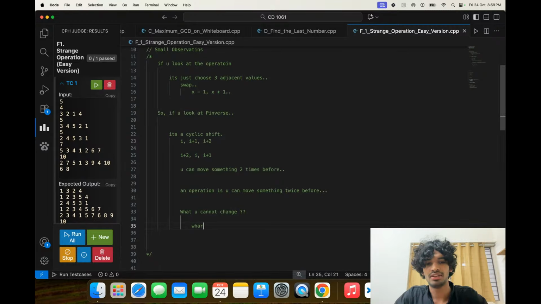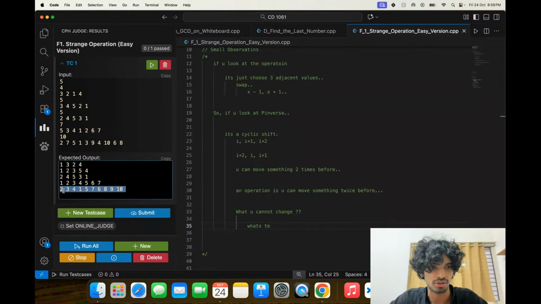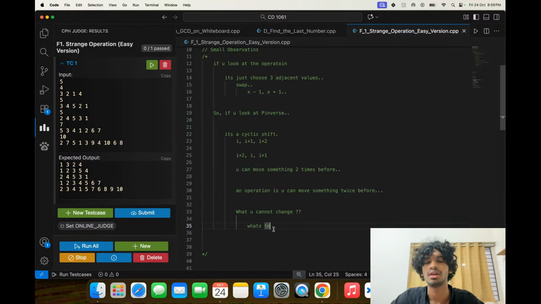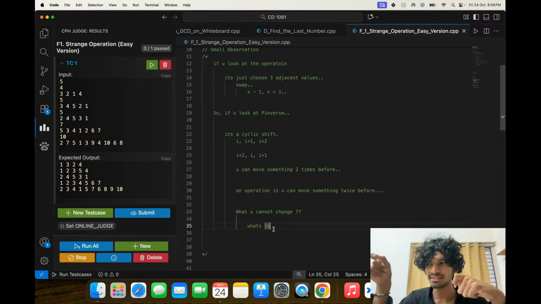What's the minimum value one can take? See, I thought it always starts with 1. But then here you cannot take 1, it seems. 1 cannot be minimum. So there is a case. Why cannot 1 take minimum? There is some index that cannot come here.